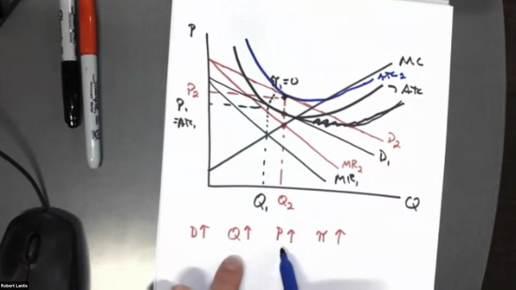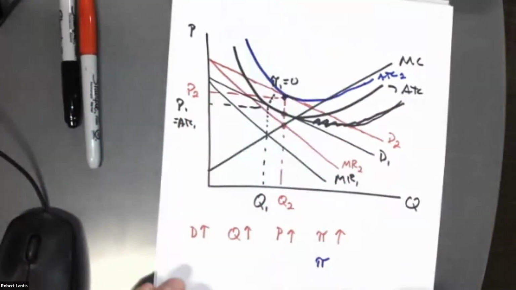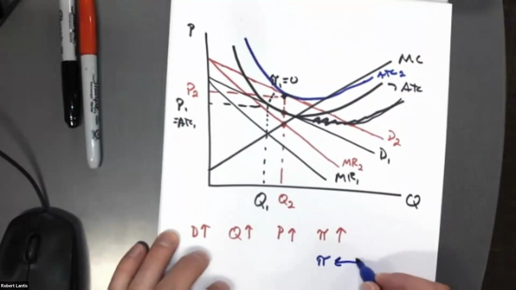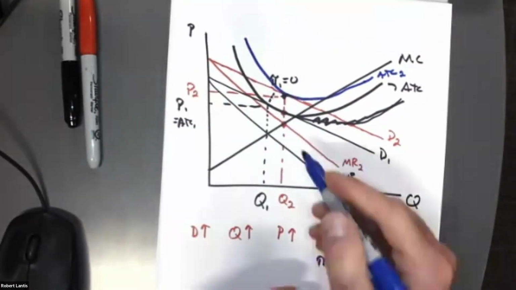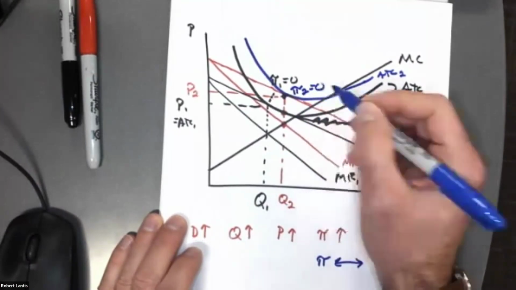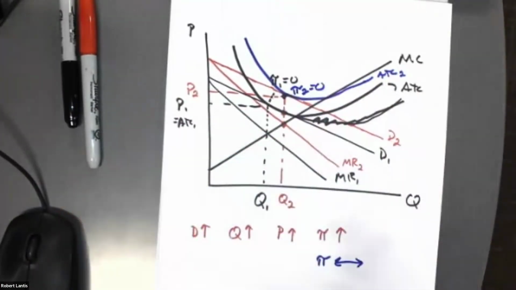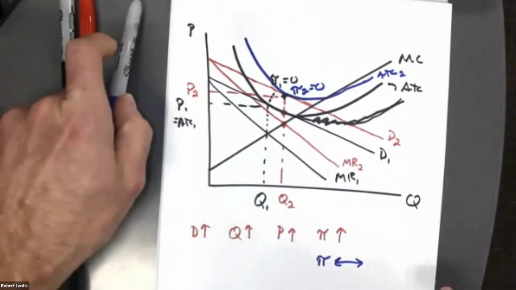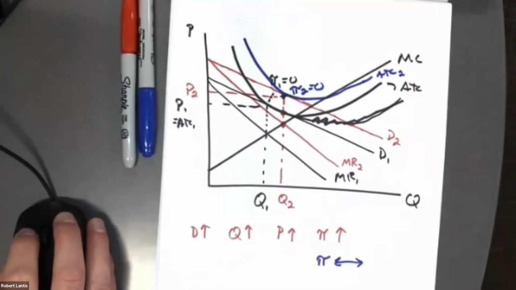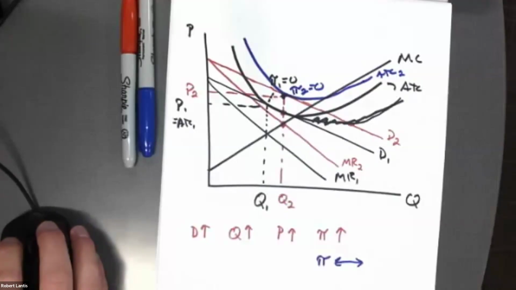I would still get quantity and price going up, but it's possible that in order to get a higher portion of demand I also had to spend more money, and we could get back to this point where profits are exactly the same as before. They could be higher, they could be lower. We don't know what's going to happen to profits if, to get that higher portion of overall demand, we had to spend additional money and increase our average total cost curve.